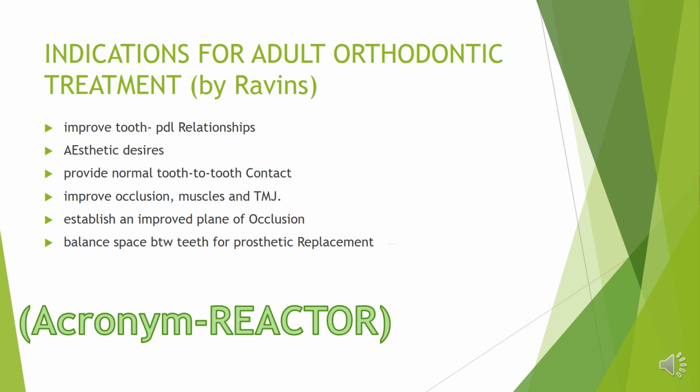And the last one is to balance the existing space between teeth for better prosthetic replacement. The acronym to remember the indications is the word reactor, which is made using the first letter of the last words of each indication.